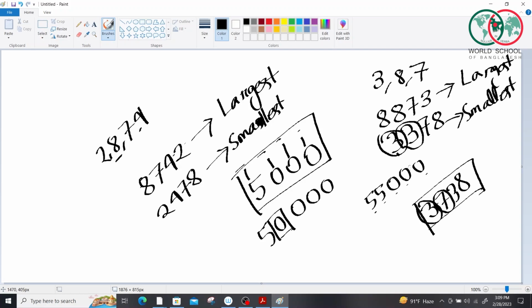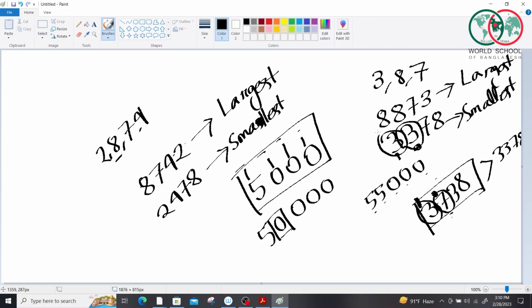If they have the same value in the 4th place, like here, they both have 3, we'll go to the next place, which is the 100 place. In the 100 place, it has 7 and it has 3. Which is bigger? Obviously 7. So this number is greater than 3, 3, 7, 8.